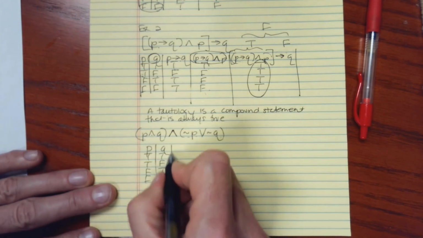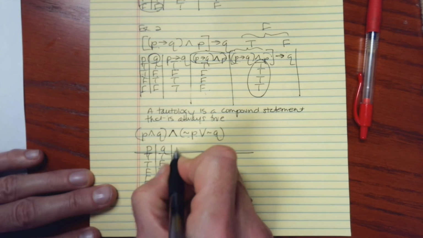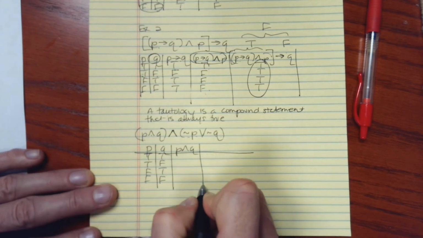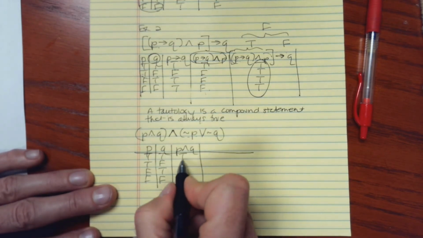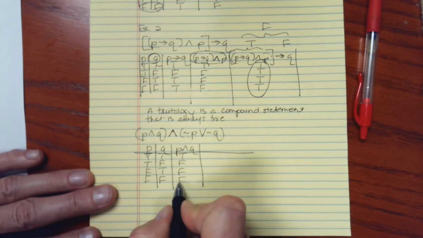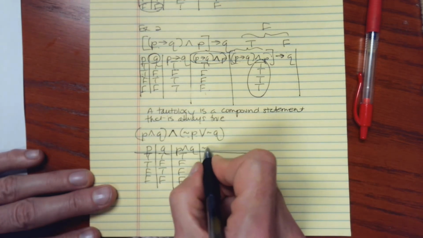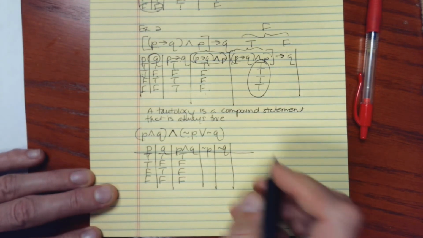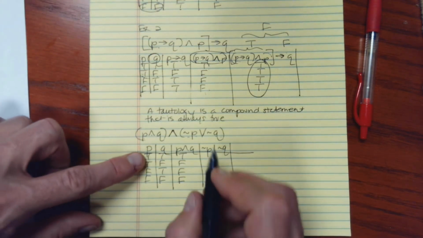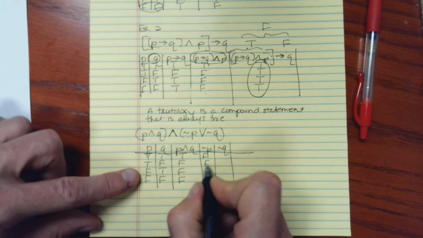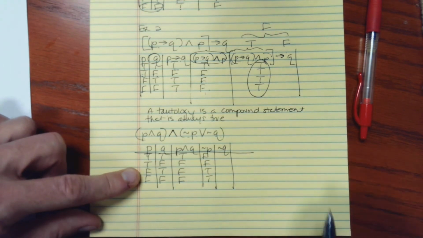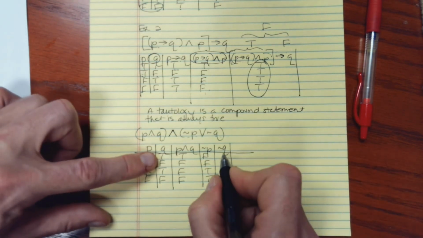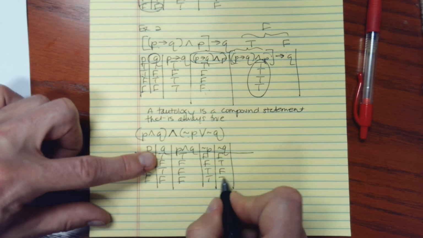And first I want to form the conjunction of P and Q. That's true when both are true and false otherwise. And I'm going to add a column for not P and another one for not Q. So this is just going to flip the signs of P to false, false, true, true. And this will flip the signs of Q to false, true, false, true.